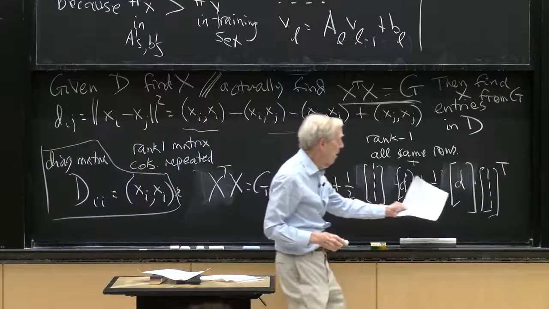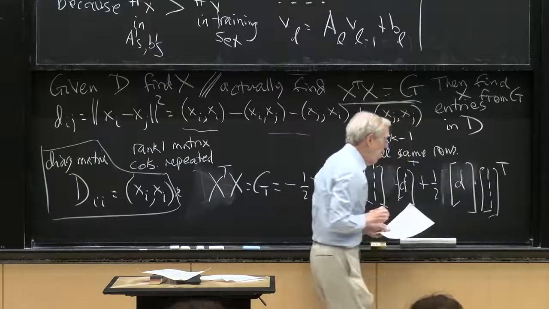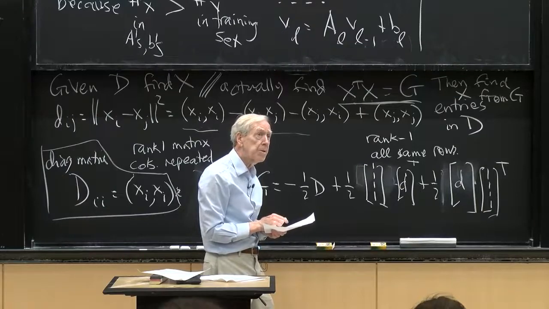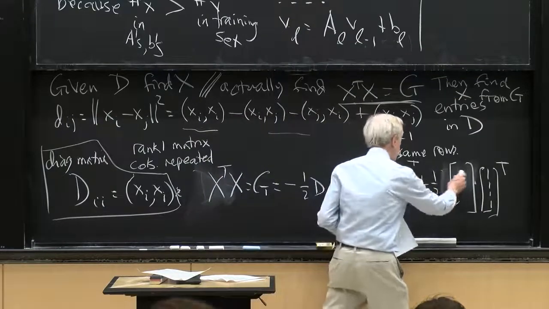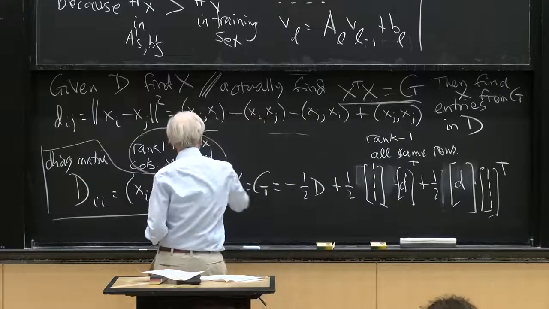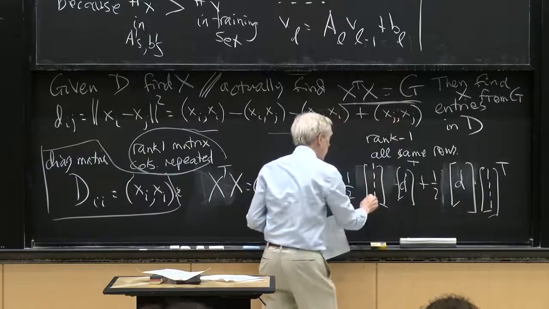Every row in this guy is a multiple of 1, 1, 1, 1. So what is that telling me? That all columns are the same? This part is reflecting these ones where the columns are repeated. This one is reflecting this where the rows are repeated.